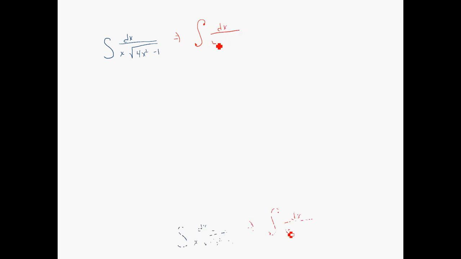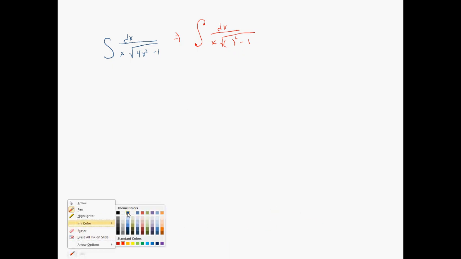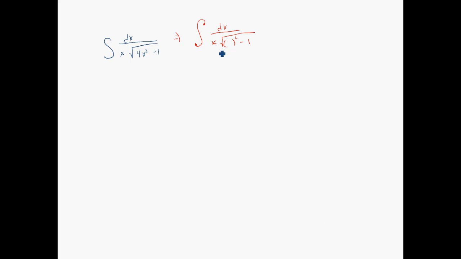Because inverse secant has a radical, it has a -1, but it has x squared, doesn't it? So what could I put in there to create my u?